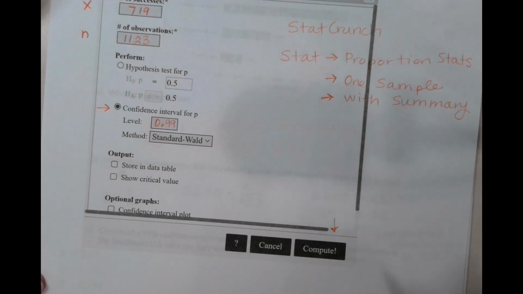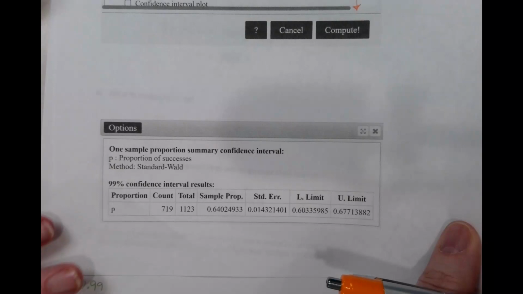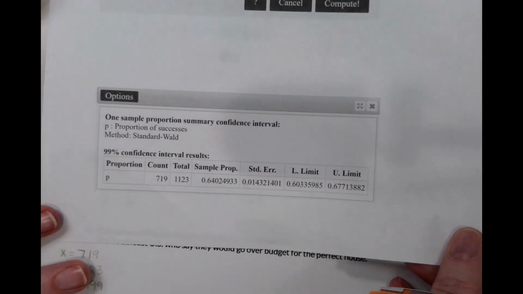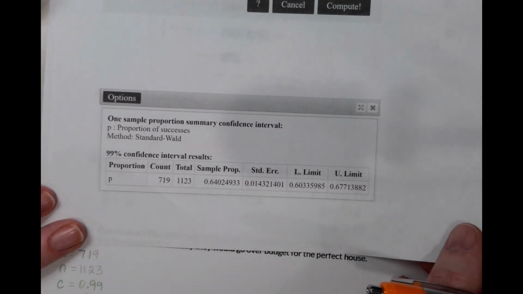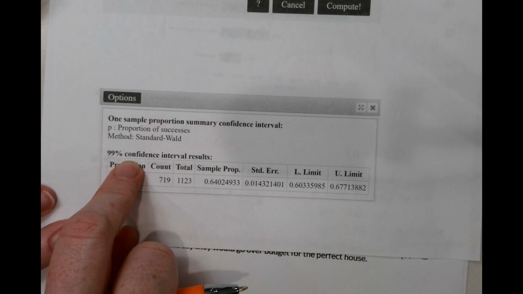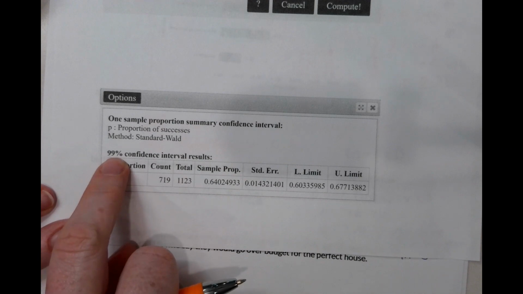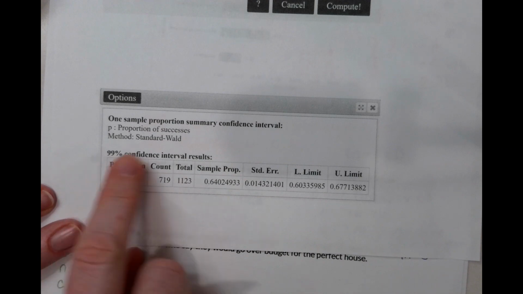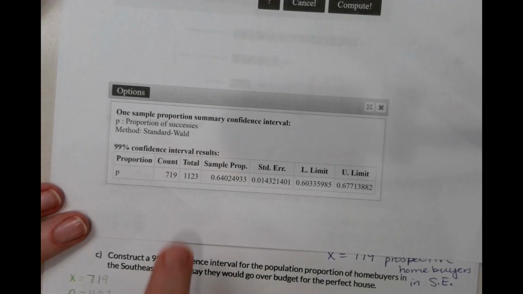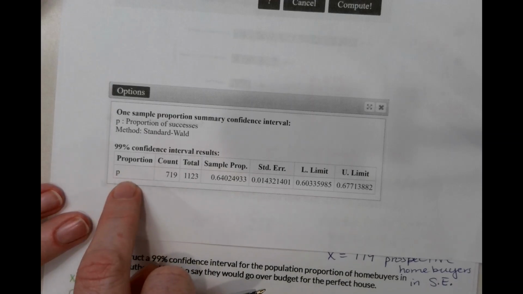And again, because you can't see my screen, I went ahead and printed out what StatCrunch will give us once we do that. And so it reminds us of what confidence level we used, 99% confidence interval. That way, if you forget to change that default of 0.95, if you check right there, it should match up with what you're being asked to find. It'll let you know the parameter, in this case P for proportion.